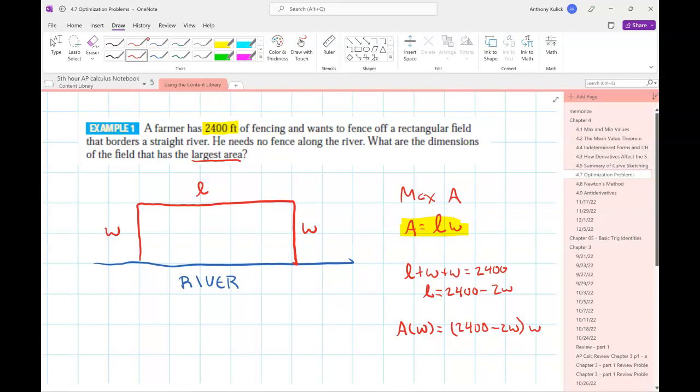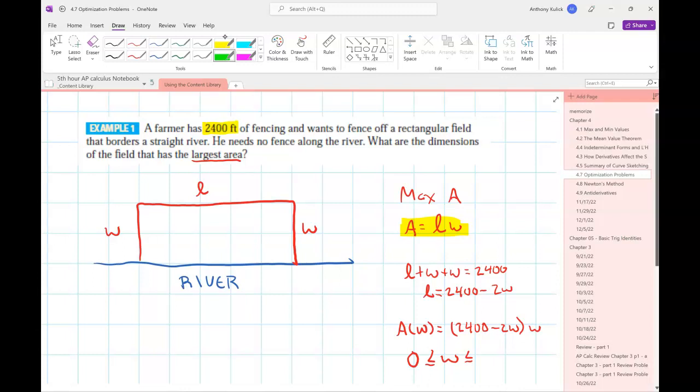Okay. What is the domain for this function going to be now? What values of w can I feasibly plug into this? Remember, w represents the width in this picture. Has to be greater than 0. Everybody agree with that? And it also has to be less than what?